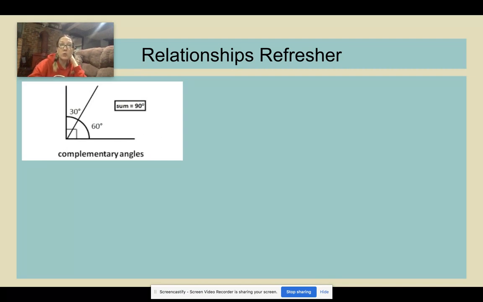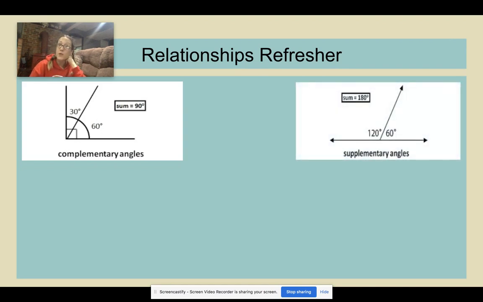Okay, so supplementary angles. Those are two or more angles that combine to form a straight line, right? When you add up the measures of those angles, you get 180. You have here one angle that measures 120 degrees, and this corner here measures 60 degrees.